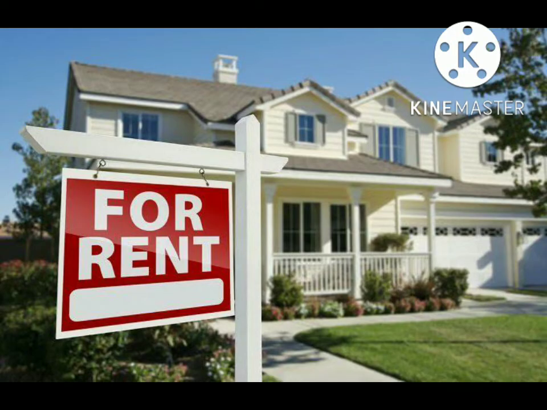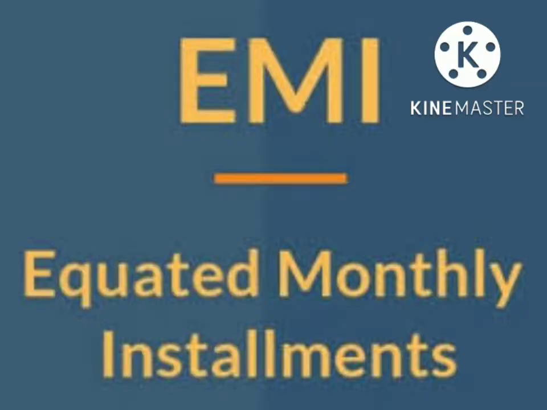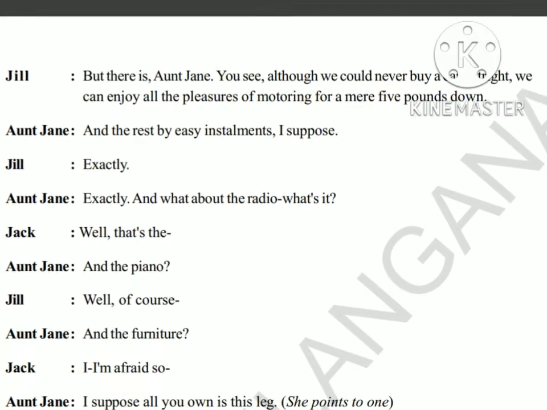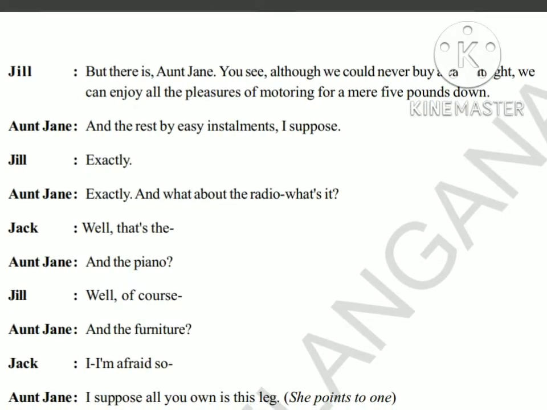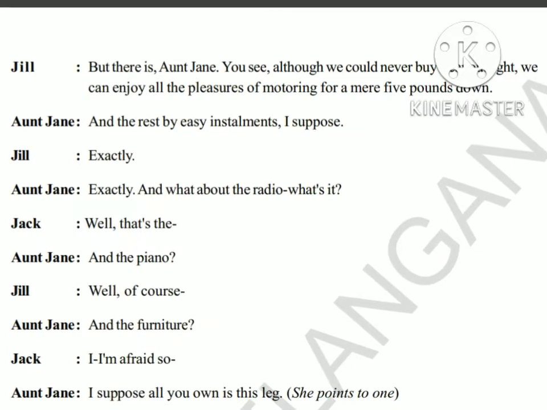But there is, Aunt Jane, you see, although we could never buy a car outright, we can enjoy all the pleasures of motoring for a mere £5 down on Jane, and the rest by easy installments, I suppose. Jill: Exactly. Aunt Jane: And what about the radio?